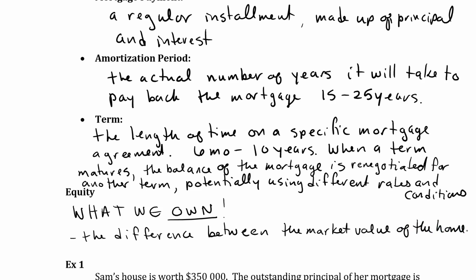So the market value of the home is what it's currently priced at, not necessarily what you bought it for. And outstanding principal.